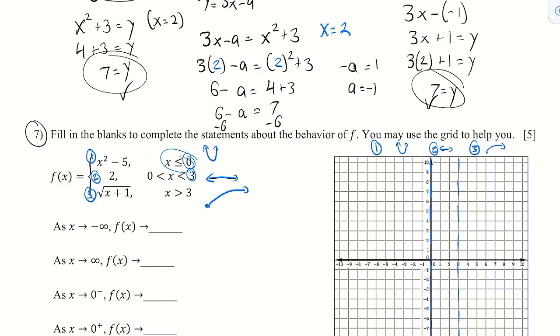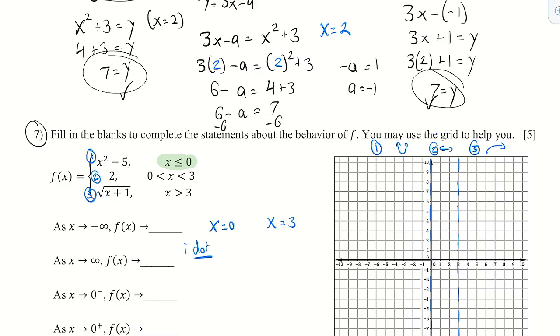Now the next thing I'm going to do is work on x is equal to 0, and then x is equal to 3. Now there are 2 options for this. What I focus on for x is equal to 0 is looking at this right here. So when it says x is equal to 0, that means that it is going to make an actual dot.